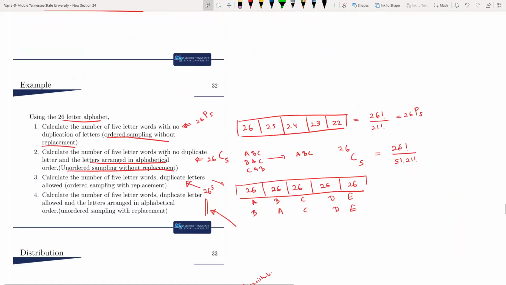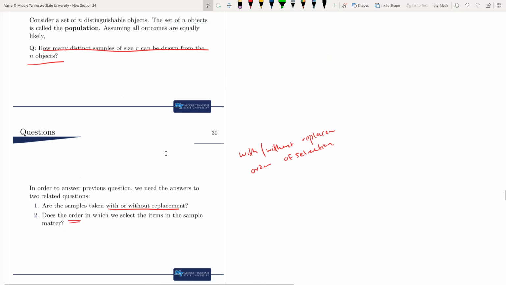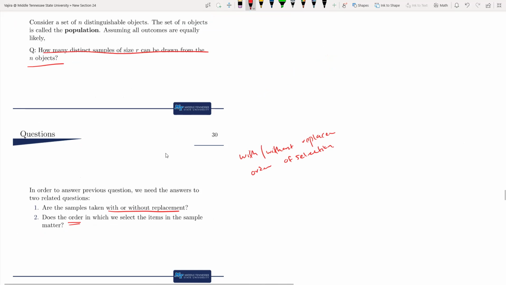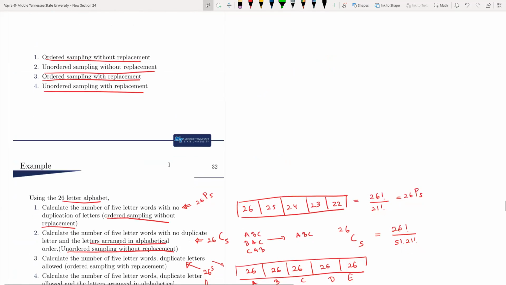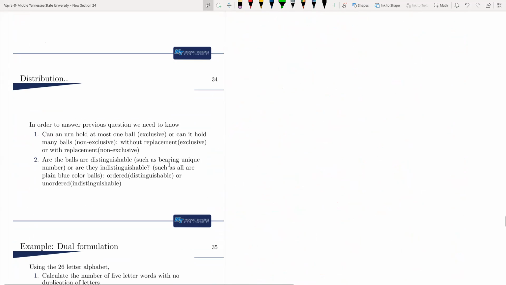So earlier we asked, what? We asked the question: how many different distinct samples of size R can be drawn from the n objects. So in order to answer this question in the same way, under the distributing setting, we need to know a few things.